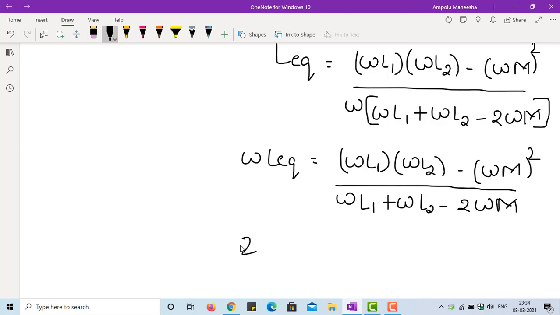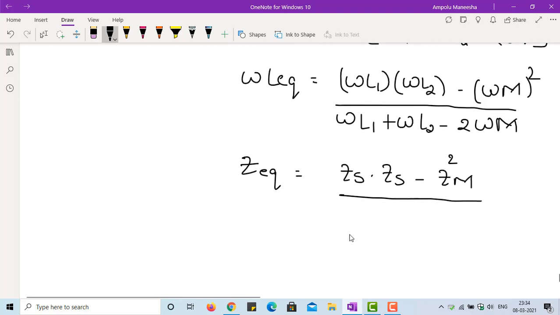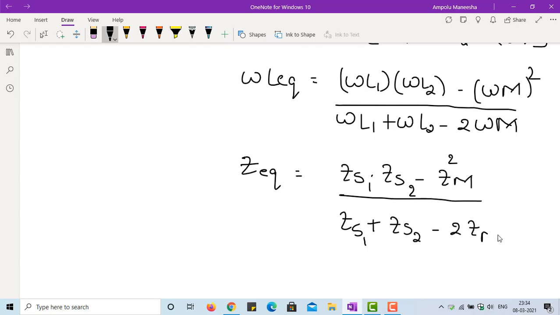So Z equivalent is equal to ZS1 into ZS2 minus Zm square divided by ZS1 plus ZS2 minus 2Zm.